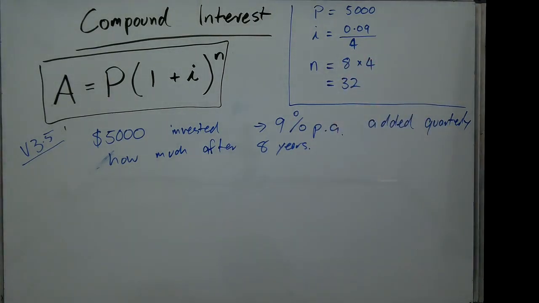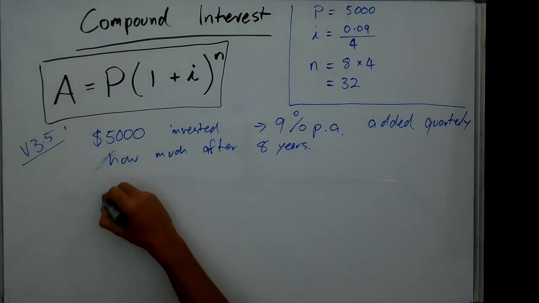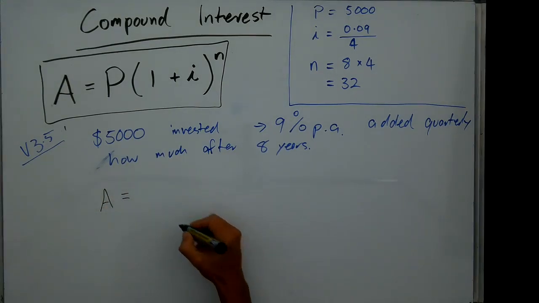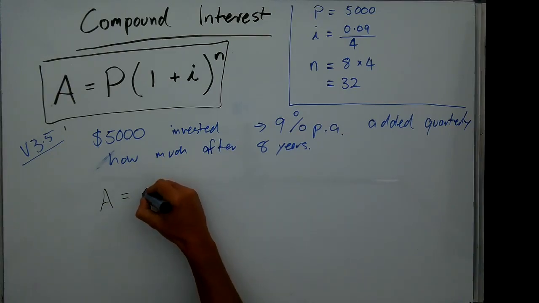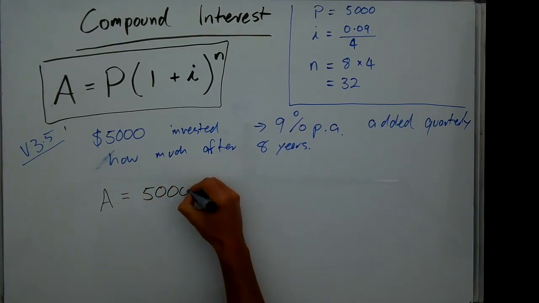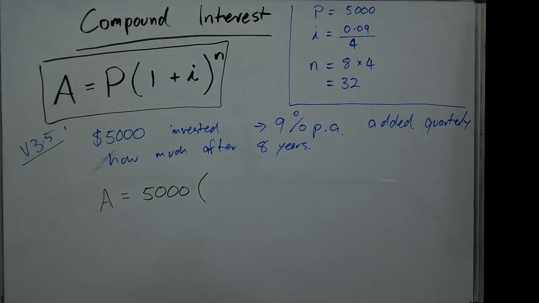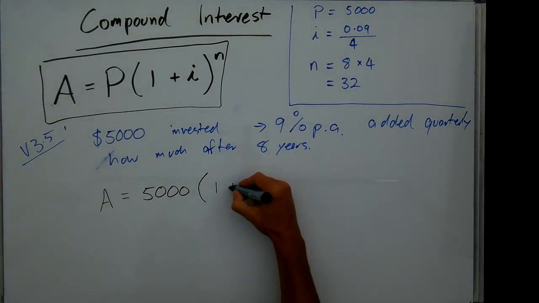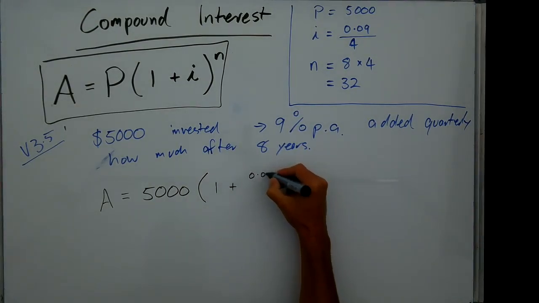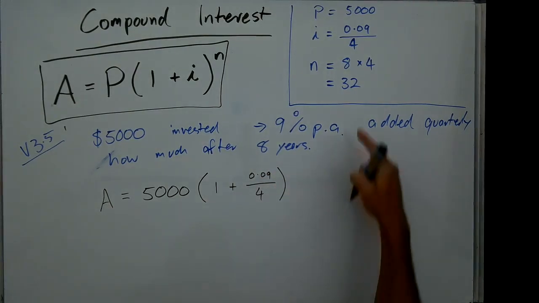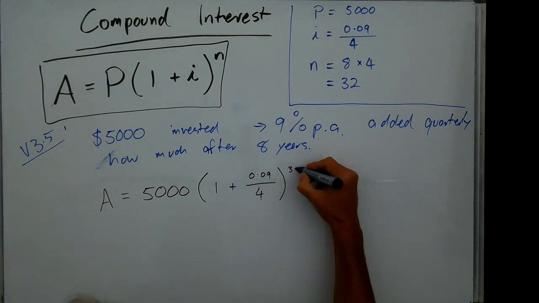Okay, so now I've worked that out, we can plug the numbers in. The amount in the account equals $5,000 multiplied by 1 plus 0.09 over 4 to the power of n, which is 32.